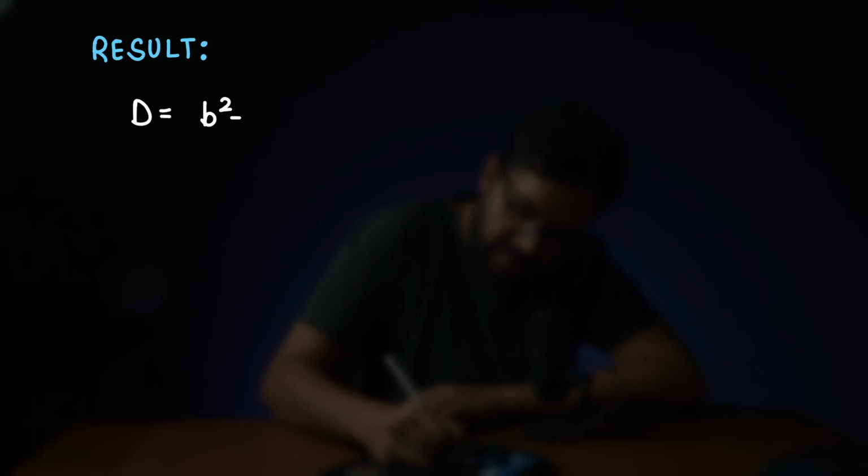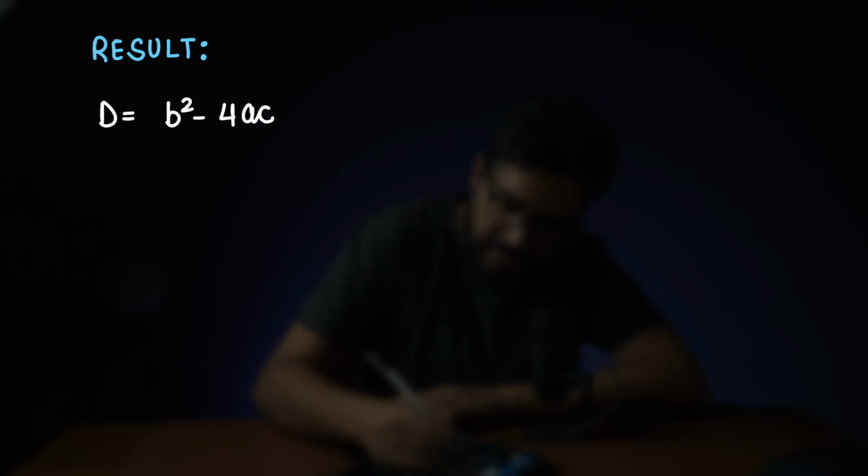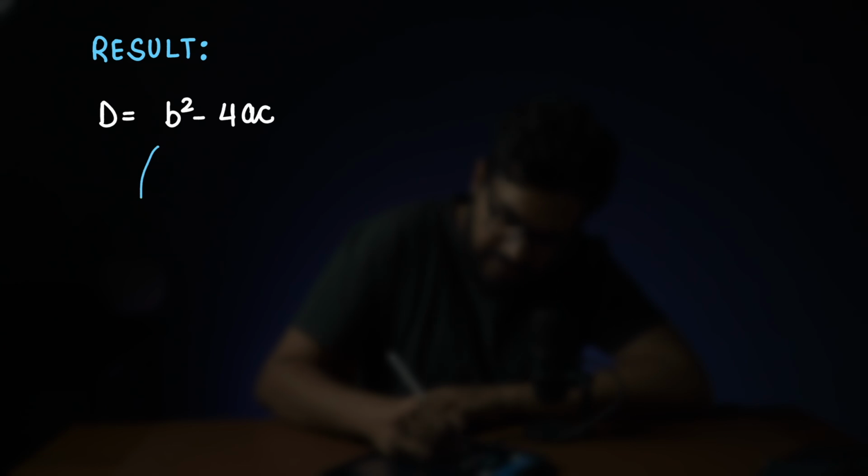So depending on the number inside the square root being positive, 0 or negative, we get different numbers of solutions for a quadratic. This number inside the square root is a special number. It is called the discriminant and it is denoted with capital letter D. So we have discriminant as b square minus 4ac and we have three cases.